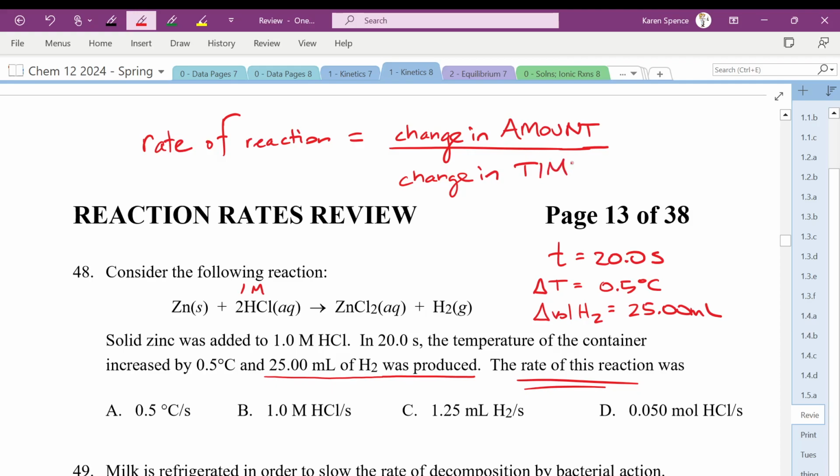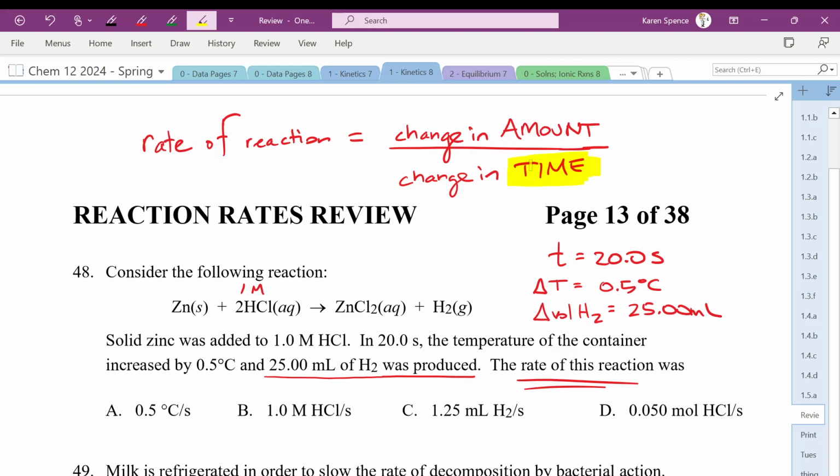Okay? Key thing here is that it's got to be time on the bottom. That is the constant. You can change what the amount is. It could be a volume, it could be moles, it could be molarity, it could be mass. That amount could be many different things, but the time is always going to be on the bottom because that's what a rate is.